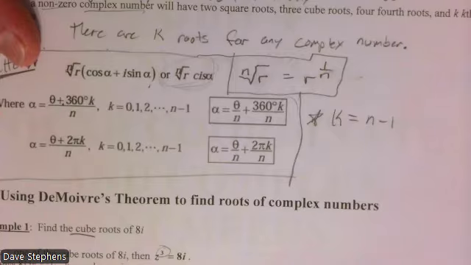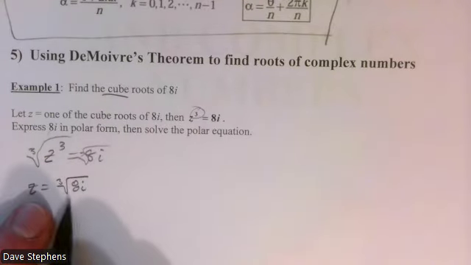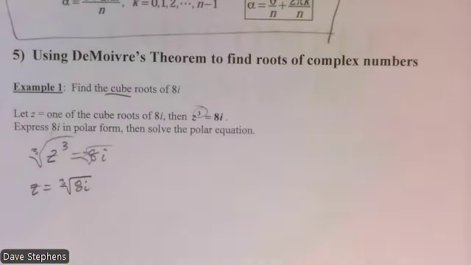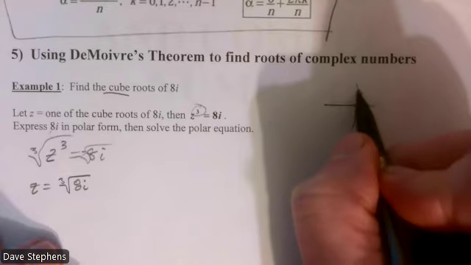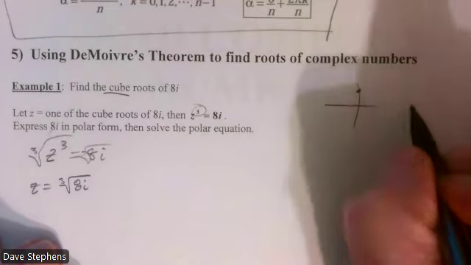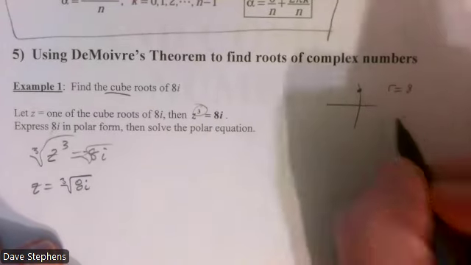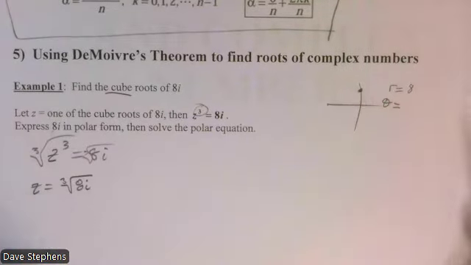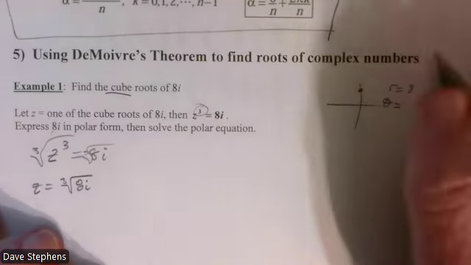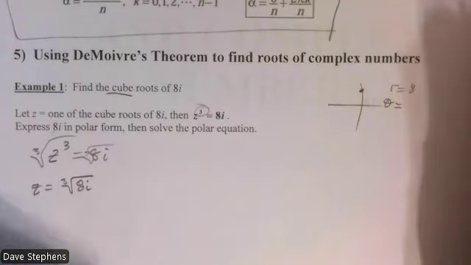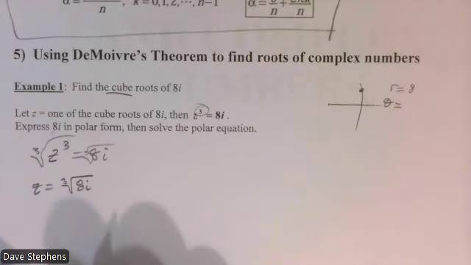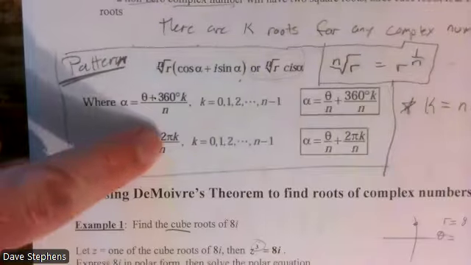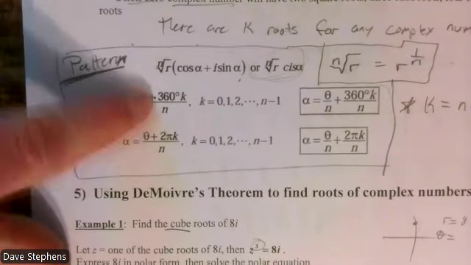All right, 8i in polar form. 8i would be up here. My r value would be 8, and my theta would be 90 degrees. Let's just go with pi over 2. Would that be easier? Would pi over 2 or 90 be more or less difficult?